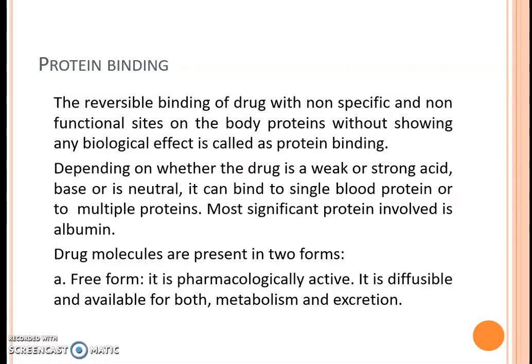So once inside the body, drug molecules are present in two forms, free form and bound form. It is the free form which is pharmacologically active, that is which can show pharmacological action. It is diffusible and available for both metabolism as well as excretion.